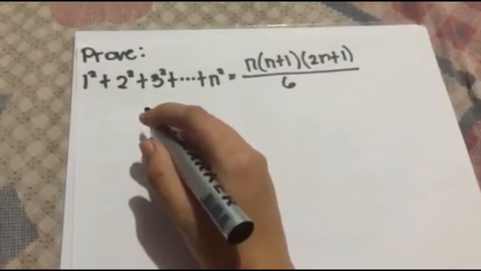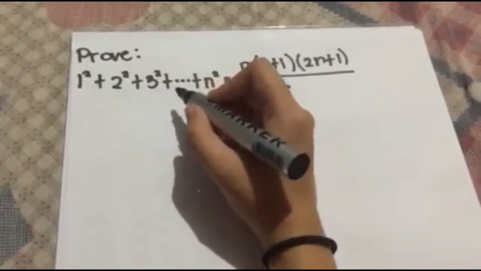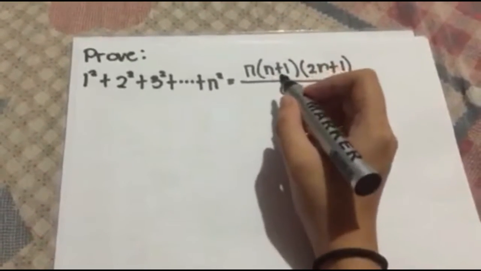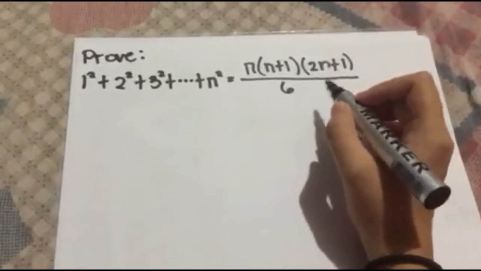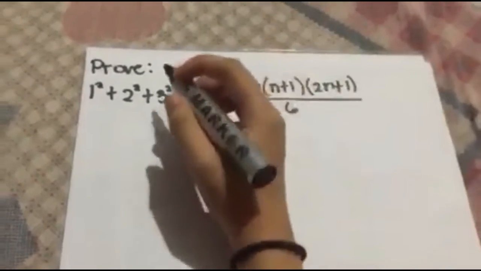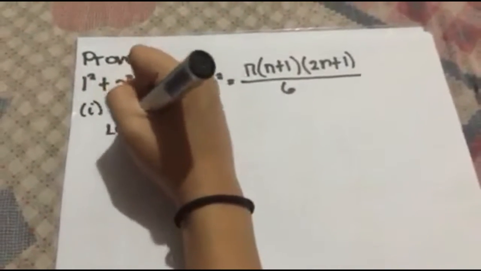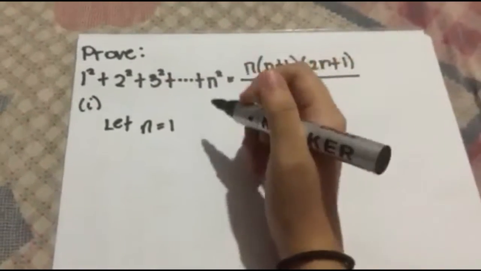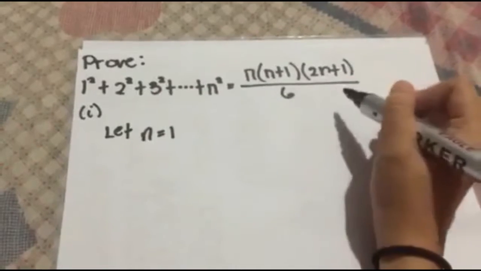Now let us prove that 1 squared plus 2 squared plus 3 squared plus all the way up to n squared is equal to n times n plus 1 times 2n plus 1 over 6, by using PMI. The first thing we need to do is let n be equal to 1. This is the left hand side while this is the right hand side.